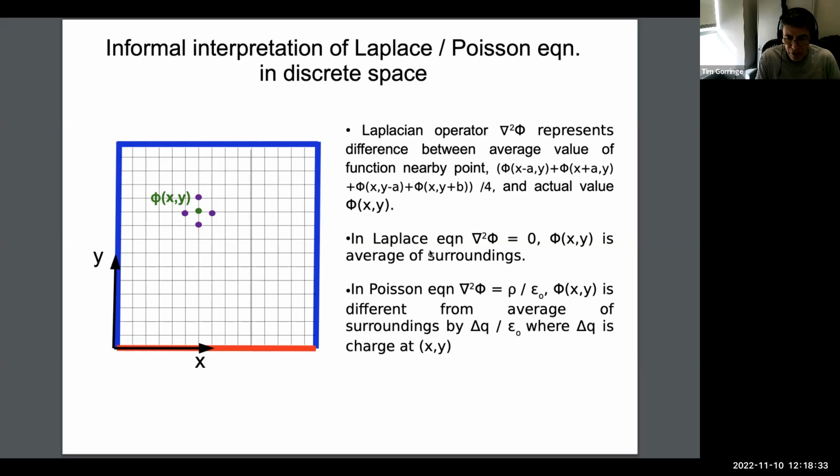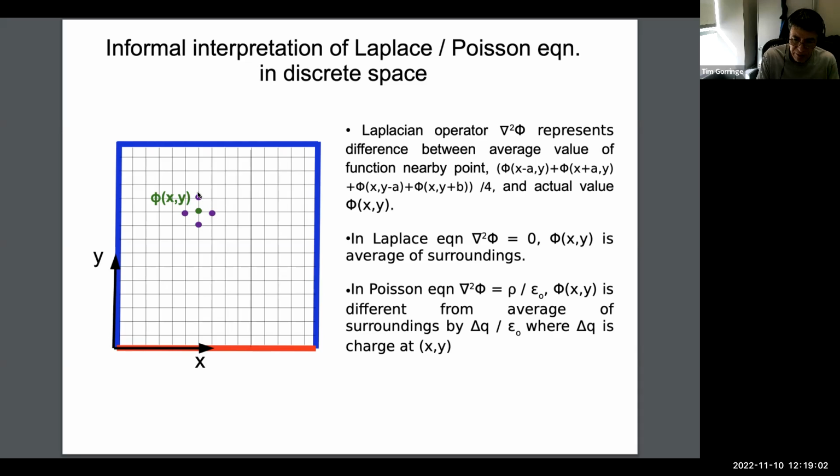In Laplace's equation, it says that that operation is equal to 0, which means that Laplace's equation describes, say, an electrostatic potential, whereby the value of that electrostatic potential at this point here, xy, is equal to the average of these four neighboring points.